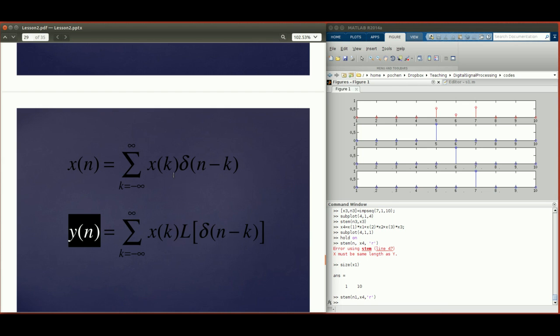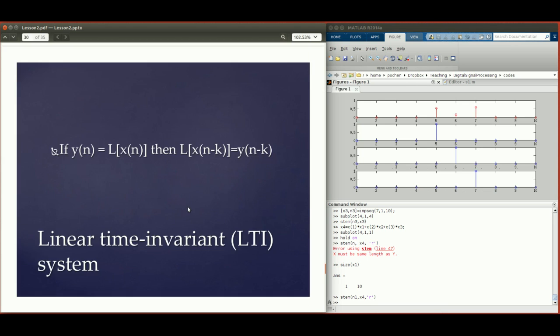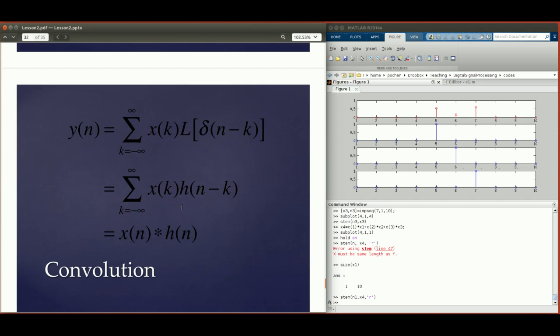That's what this convolution expression is telling us. And the weights of the linear superposition are identical to the weights that you use for representing the input signal as a linear superposition of shifted delta pulses, right?